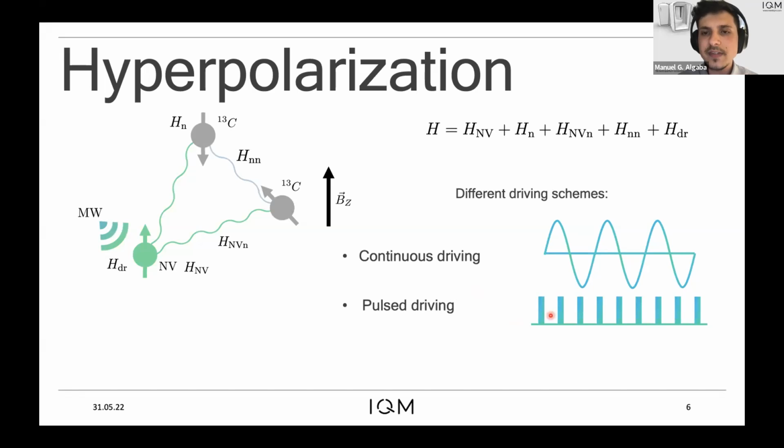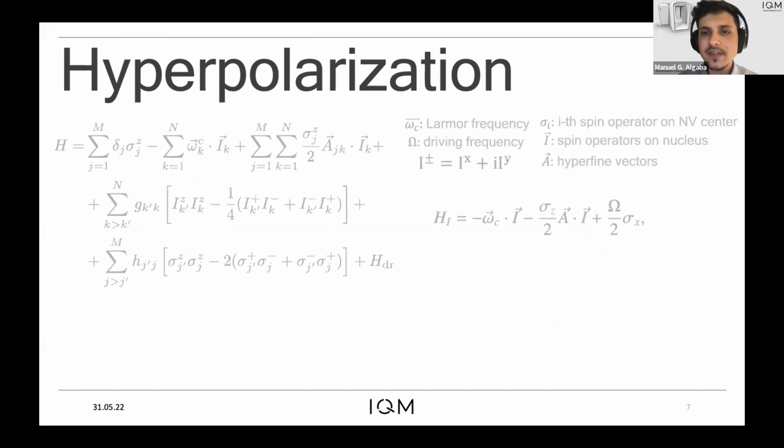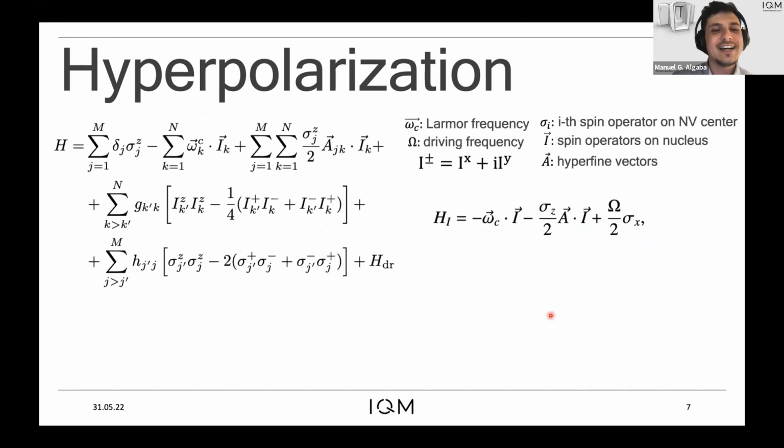And the point is, if we write down this Hamiltonian completely, it is going to look a little bit cumbersome, because you have all these terms for M NV centers and N nuclei. But we can study what is happening when we go to one NV center and one nucleus, also doing some approximations along the way.